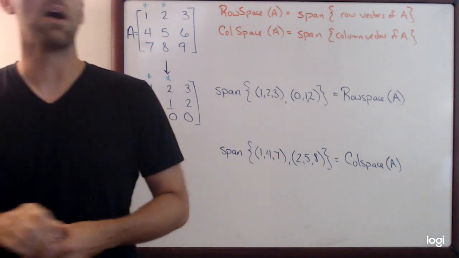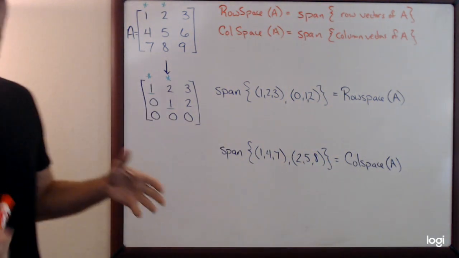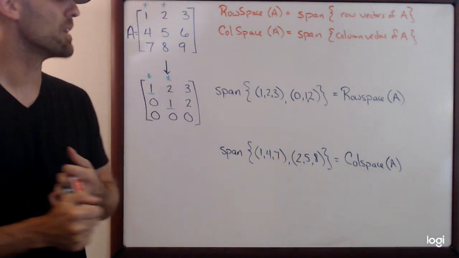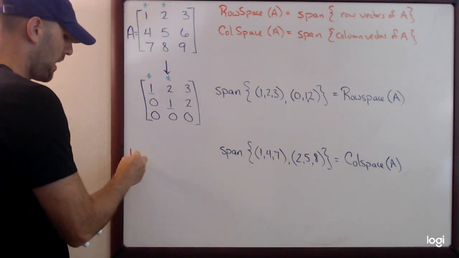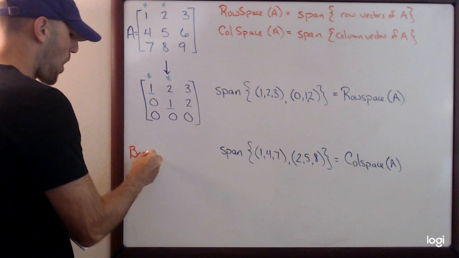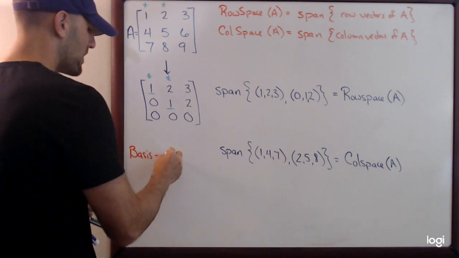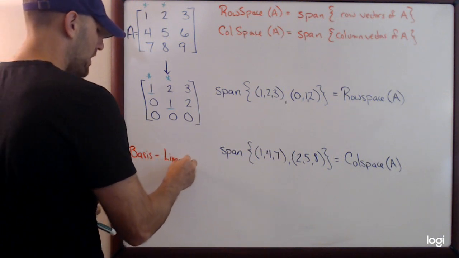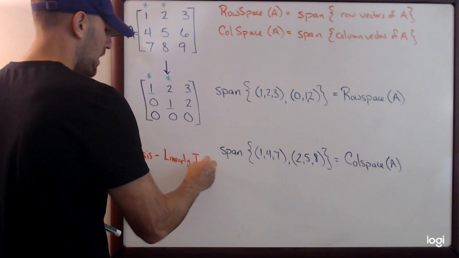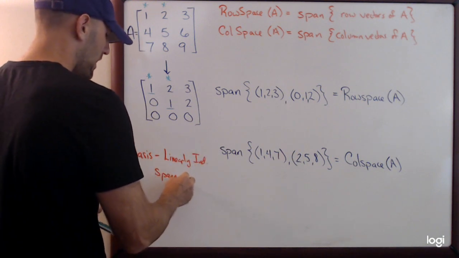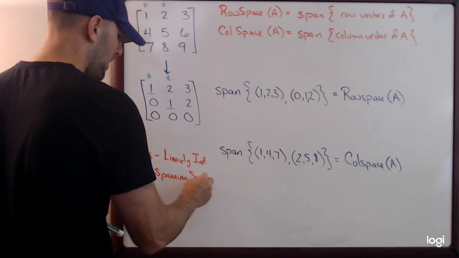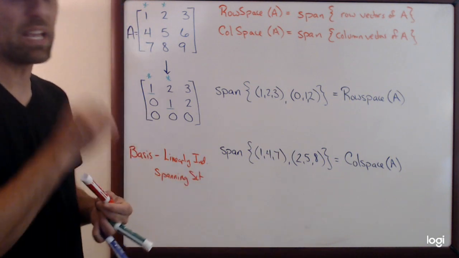Now, I want to touch on a few things here. One, the concept of a basis, because I've used that word several times. A basis is a linearly independent spanning set. And you have to be a basis of something.